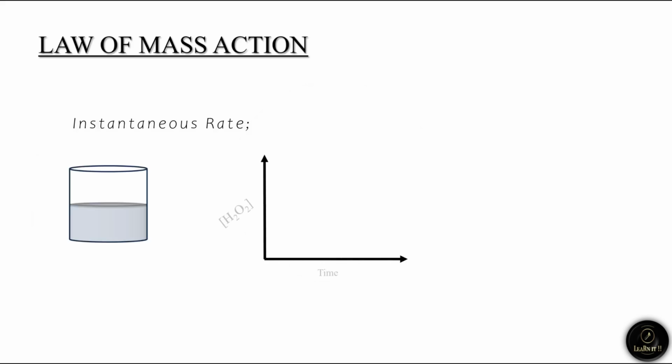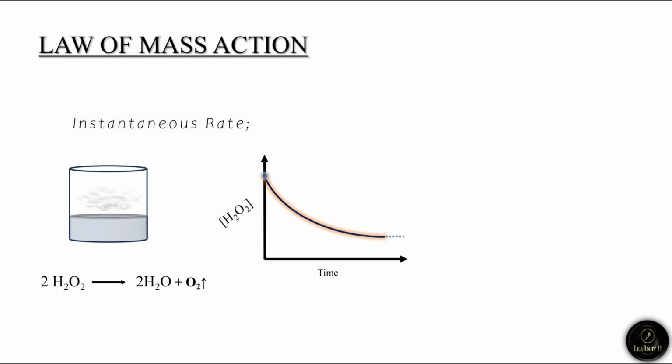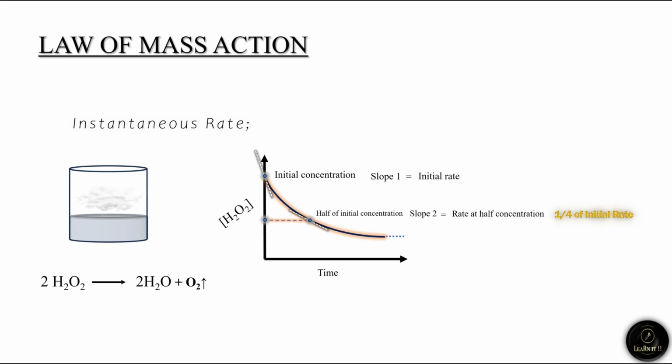So consider there is a certain reaction speed in the beginning. After a certain time, the concentration of the reactant is reduced by half. Then the reaction speed will be reduced by 4 times. It means the reaction speed is 4 times slower than what it was in the beginning.